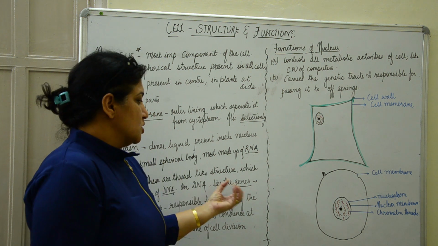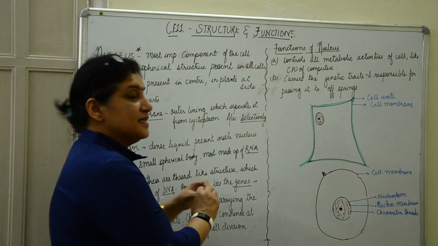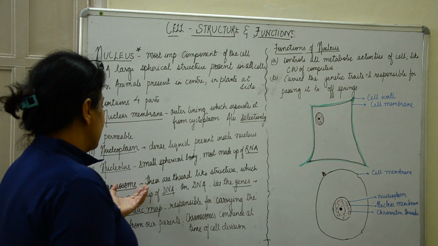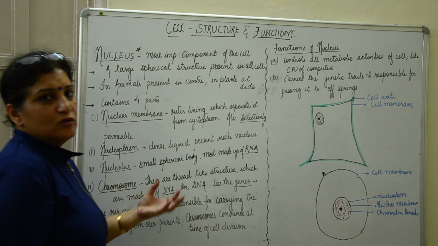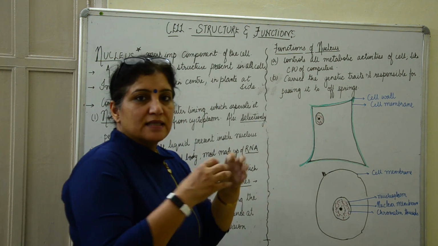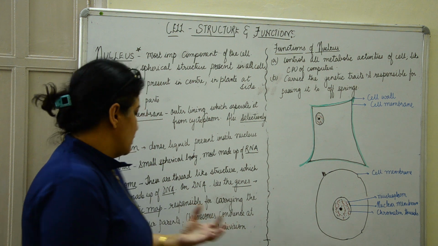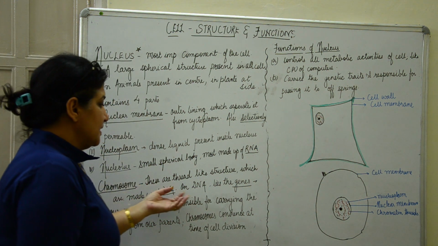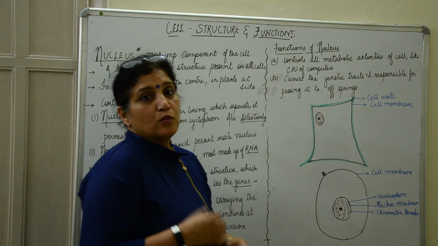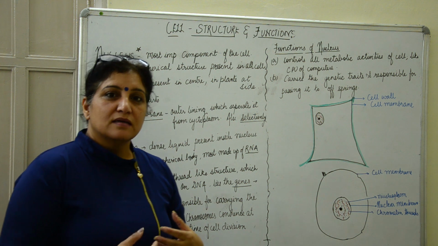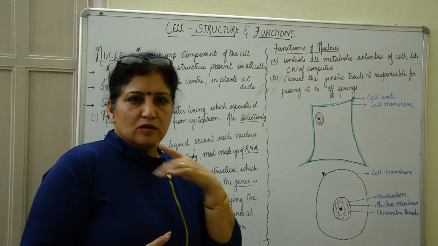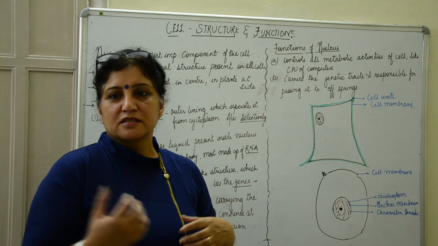But when the cell is dividing, and we know that cells multiply by cell division, these chromatin threads come together, and at that time we call them chromosomes, because that is the time we only see chromosomes. We don't see the nucleolus, we don't see the nucleoplasm. We only see these threads which are condensed together at the time of cell division. Basically this carries the genes, and these genes are what will decide, like sometimes you would have heard people say, you look like your father, but your chin or your nose is from your mother's side.